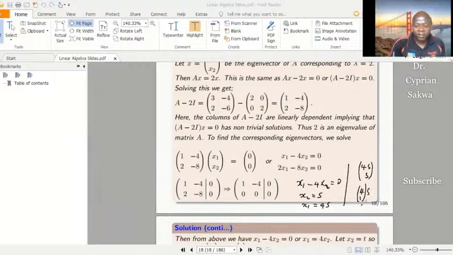So the eigenvector is 4, 1, or a multiple of 4, 1. Because s here is a parameter, it can be 1, 2, 3, and so on, but it should not be 0. So eigenvalues can be 0, but eigenvectors should not be 0.